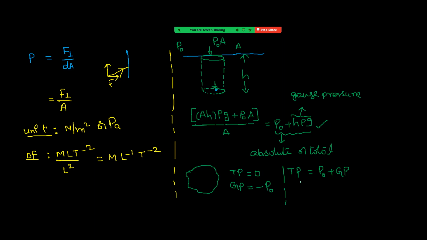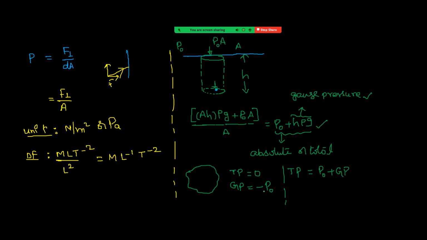That means there must be some minimum pressure, which we measure in terms of gauge pressure. So sometimes we require the extra pressure compared to the pressure of atmosphere. The total value is not important.